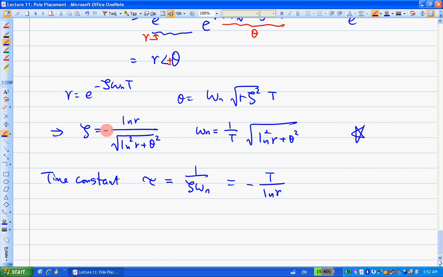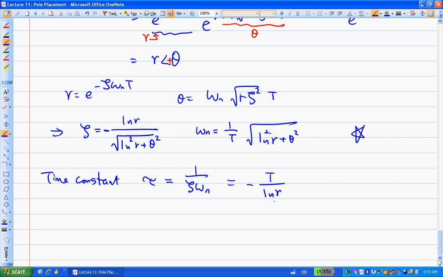Oh, sorry, I missed a negative here. It's negative. So negative T over ln r at here. So the time constant in terms of the continuous one is this, and in terms of the discrete one is negative T over ln r. All right, okay, good.